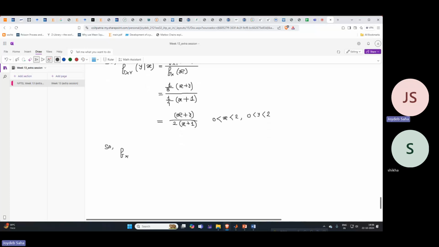So f of y upon x is equal to (x plus y) upon 2 into (x plus 1), for 0 less than x less than 2, 0 less than y less than 2, and this is 0 for else.